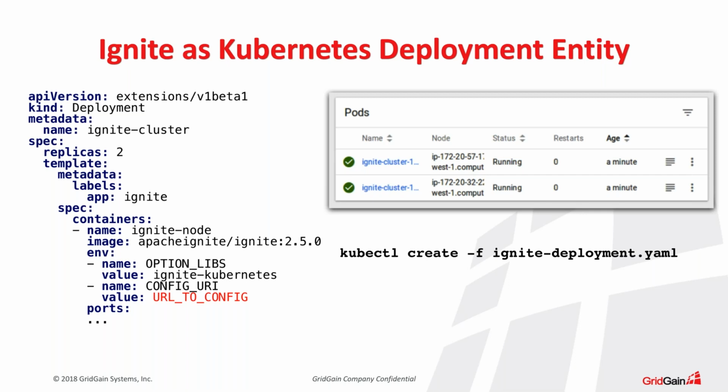And that's all. Then you pick the Ignite version you'd like, you can enable additional libraries for Ignite, and that's it. We use this simple Kubernetes command to deploy our Ignite cluster, and we will get it started. And this is how you deploy Ignite in the in-memory only mode.